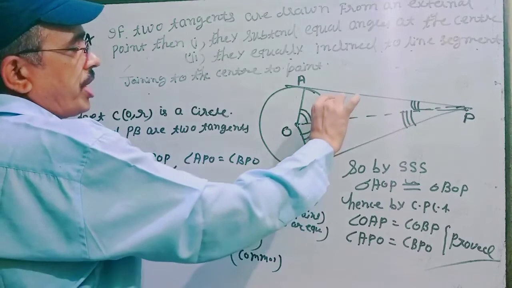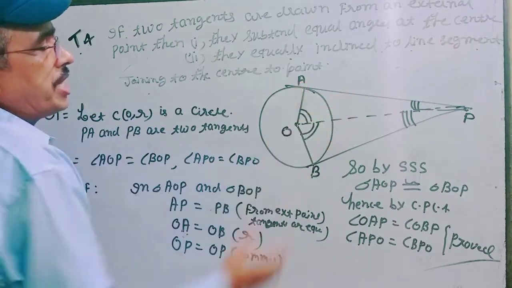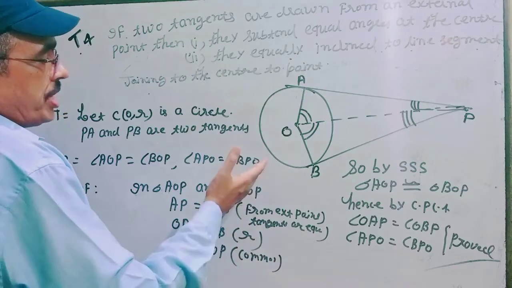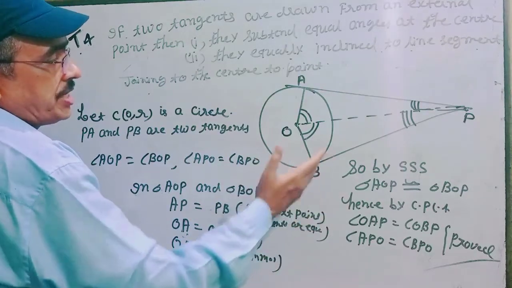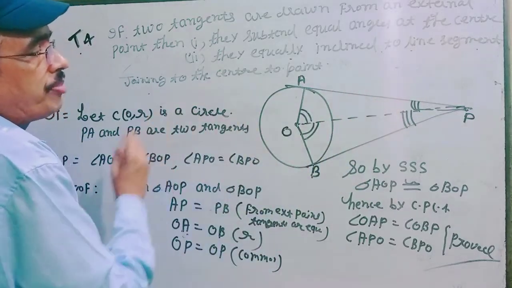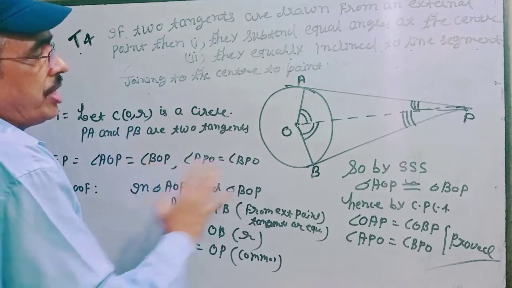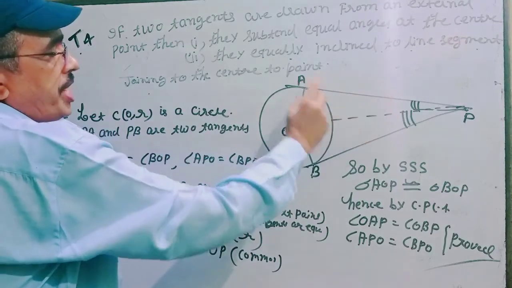So first you find the congruency relation between them. You can also find the congruency relation by the RHS method, but in this question I solved by the SSS method because PA is equal to PB, already proved in theorem 3, that from an external point the lengths of two tangents are equal. So I used here that PA is equal to PB.